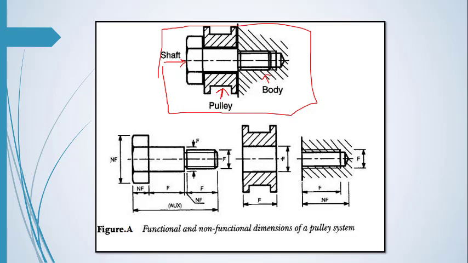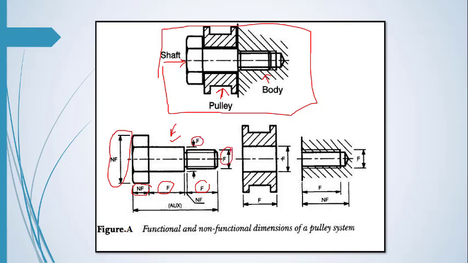So it is clear here that there are functional and non-functional parts. The first one shown here is non-functional. This part is also non-functional. However, you can see here the pulley, this one is a functional dimension. This one is also a functional dimension. This one is also a functional dimension.